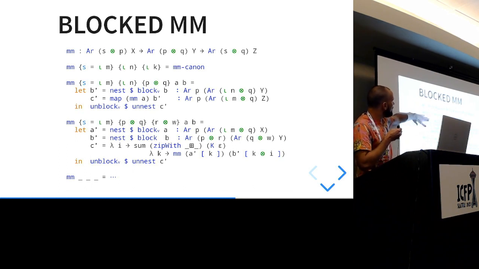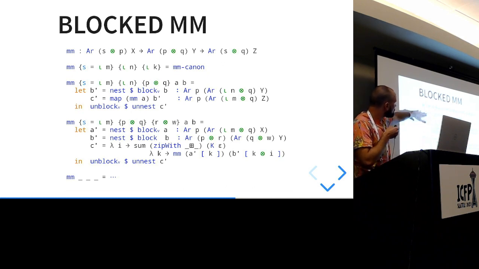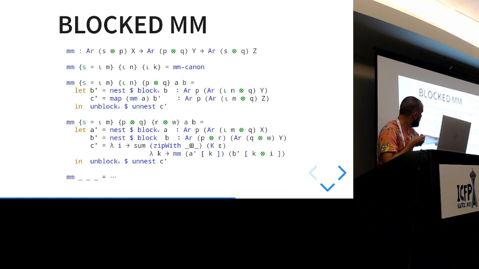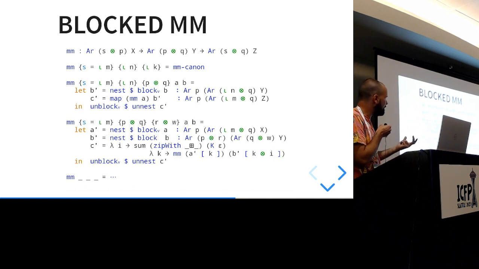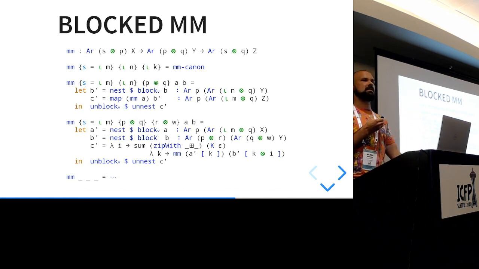Now, what is the strategy? If you give me matrices of rank 2, I'm going to apply this naive canonical matrix multiplication. And if any subcomponent is a product itself, then I'm going to reshuffle the shape components in such a way that I can make a recursive application.